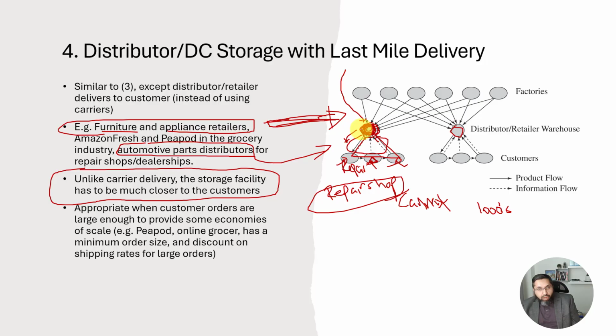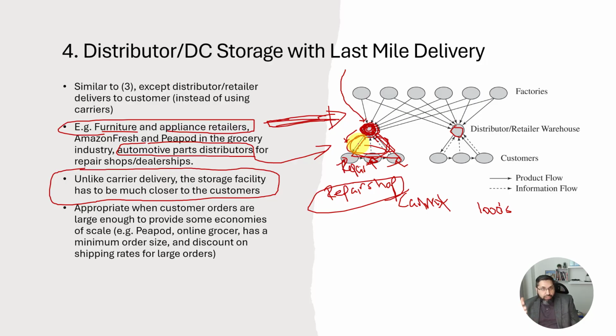They have warehouses in many locations where they store thousands and thousands of parts. And then these repair shops order from these distribution centers or warehouses. And then they have these small trucks going around the whole day, doing a round robin trip, coming back, going around doing another trip. And they drop off the parts that the repair shops need for that day.